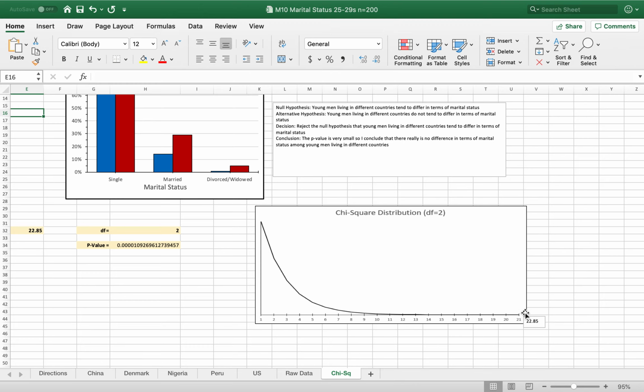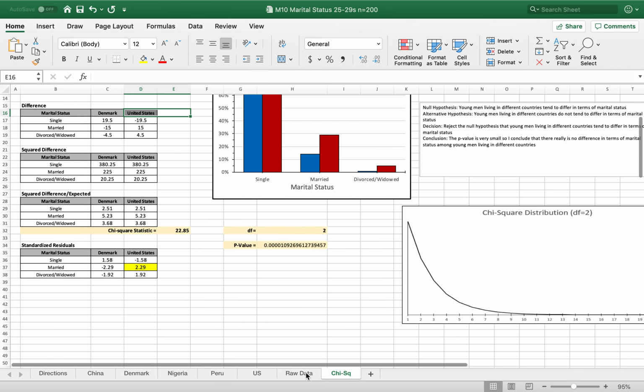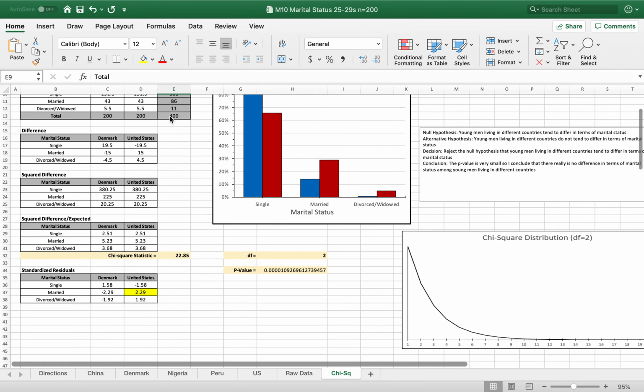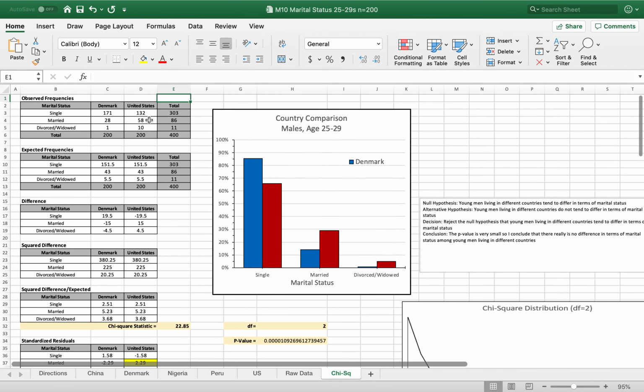That was found by adding up the squares of the deviations between the observed frequencies and the expected counts, and then dividing by the expected counts.